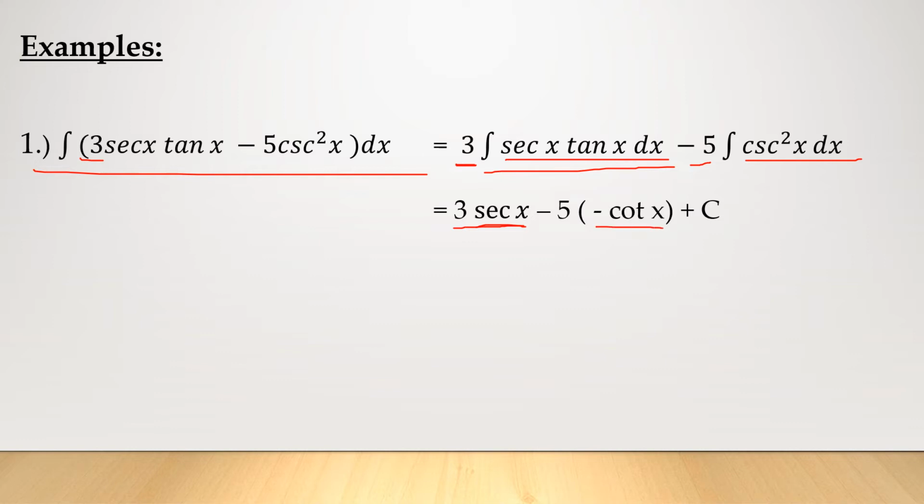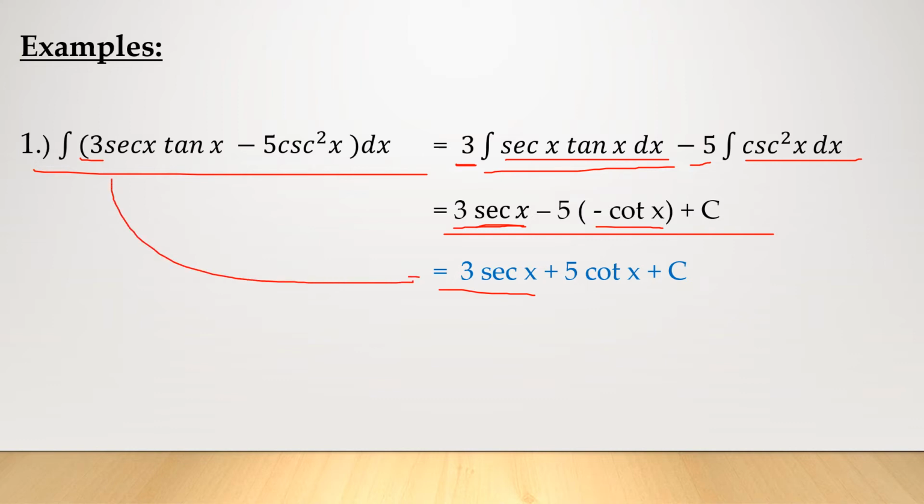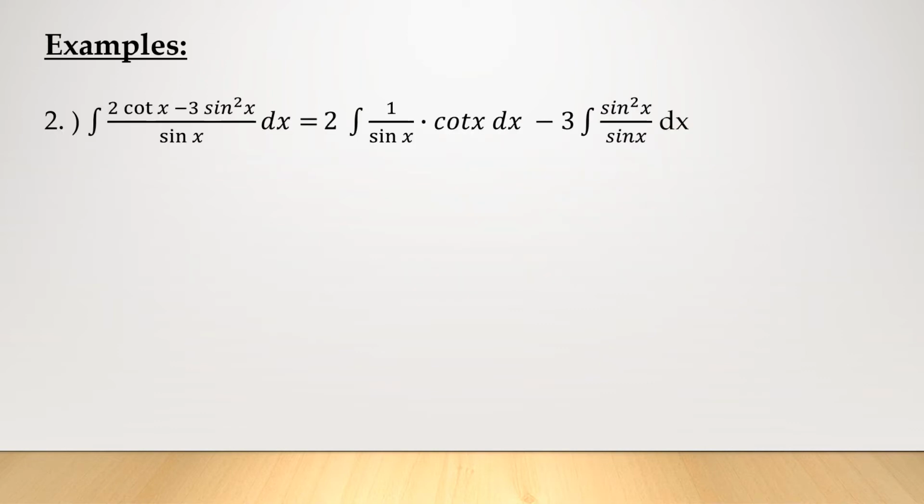And then we will simplify this one. So our answer is 3 secant x plus 5 cotangent x plus c. So the integral of this given is this one. Okay? Next, this is our next example.